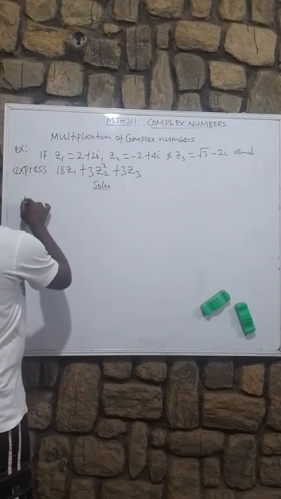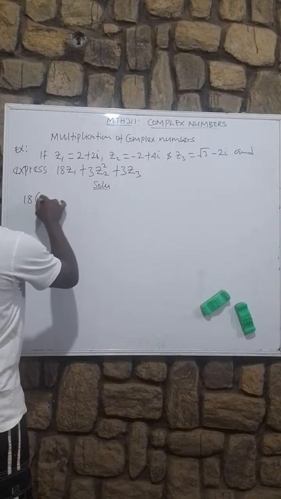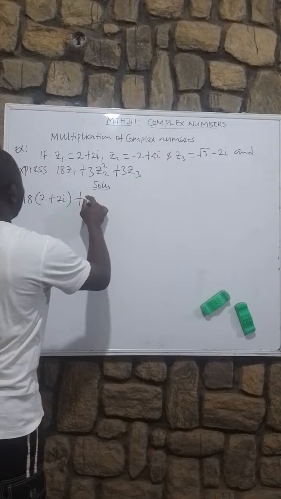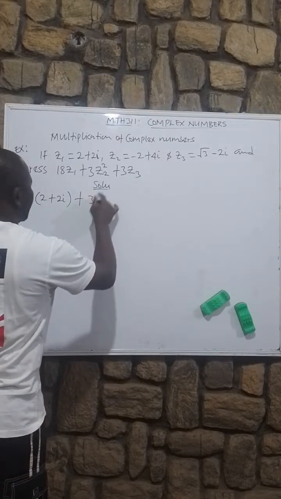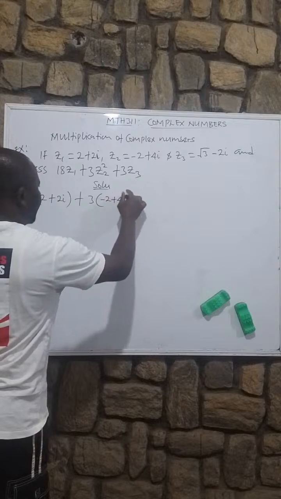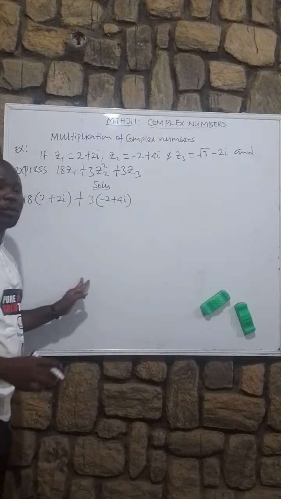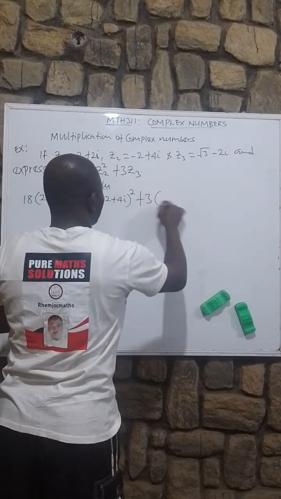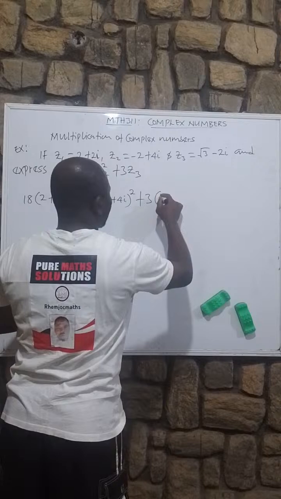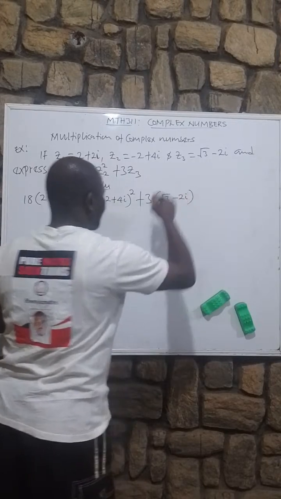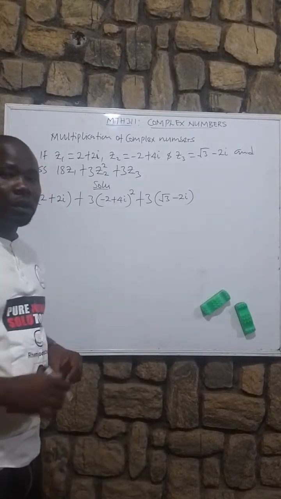Okay. 18 open bracket 2 plus 2i plus 3 open bracket Z2 is minus 2 plus 4i, squared, right? You square it, then plus 3 open bracket Z3 is root 3 minus 2i. Amen?